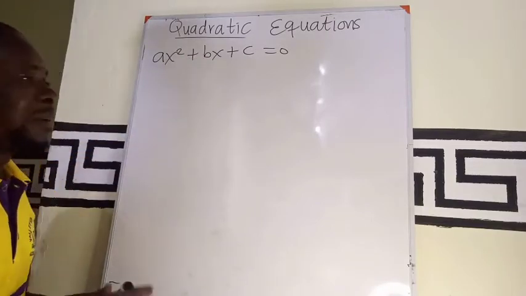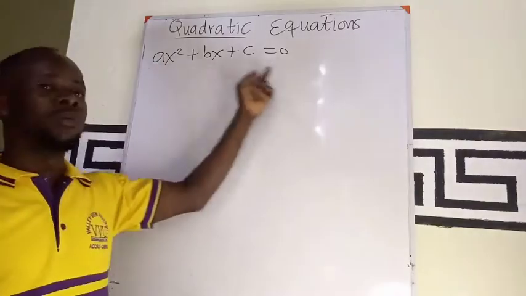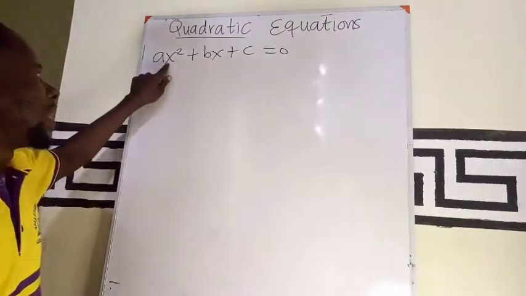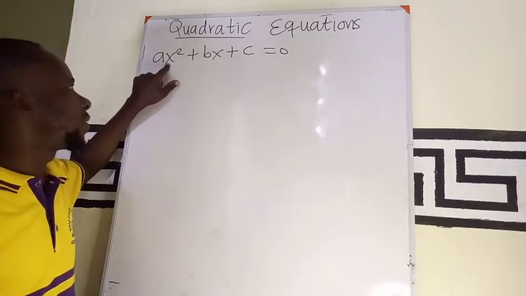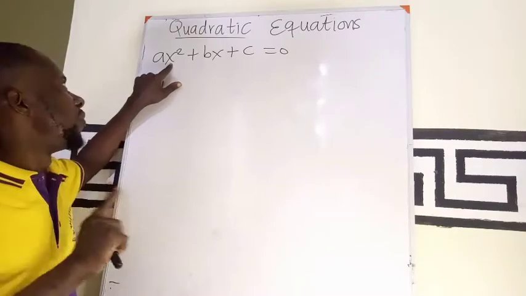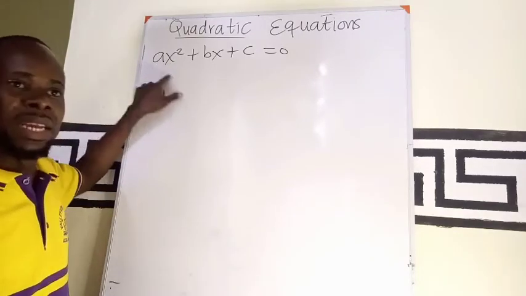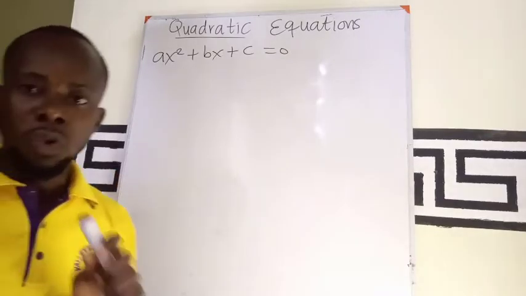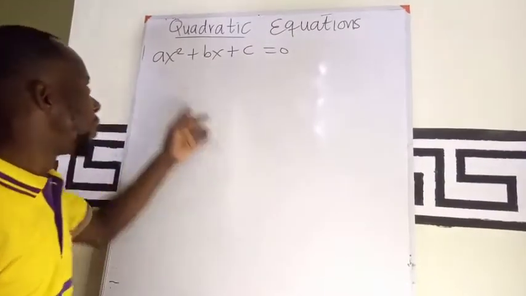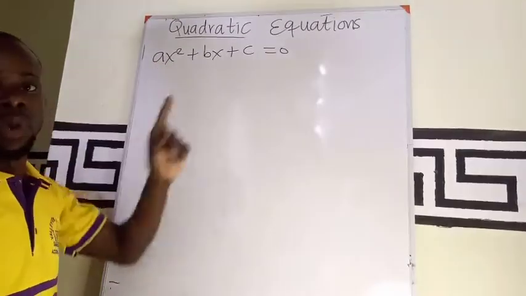So the first thing to note is that if any equation of this form is given to you, you have to make sure the coefficient of x squared is 1. If it is 2, you have to make sure it is 1 by dividing through by that number. Always make sure it is 1. So here we are going to divide through by a in order to make the coefficient here equal 1.